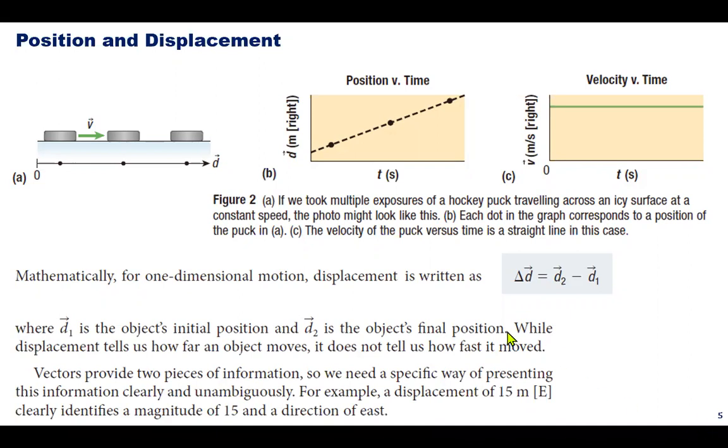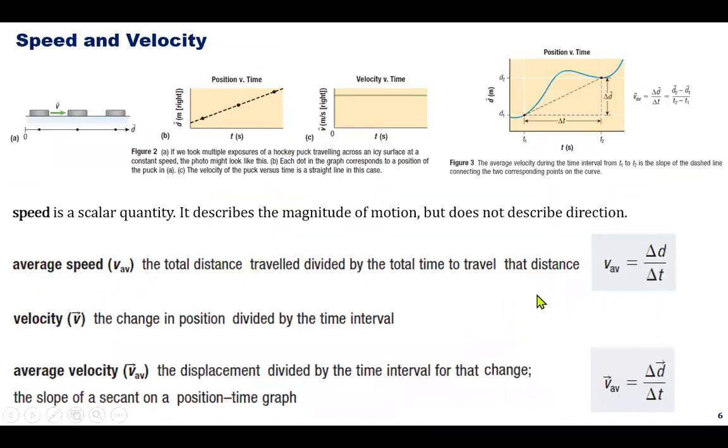Okay, so next, let's have a look at another two concepts, which are called speed and velocity. Speed and velocity are related quantities, but they are not the same. Many people use them interchangeably in everyday language, but strictly speaking, this is incorrect in scientific terms.